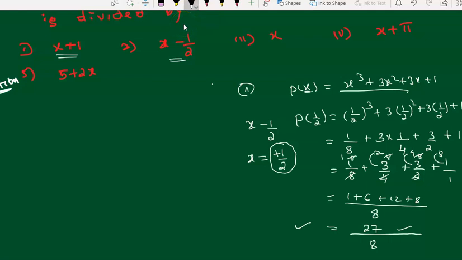The given polynomial is p of x equals x cube plus 3x square plus 3x plus 1. I am going to divide this time with x. The polynomial which is going to divide this is x. Now it is not in the form of x minus a. So let's convert this into that form.